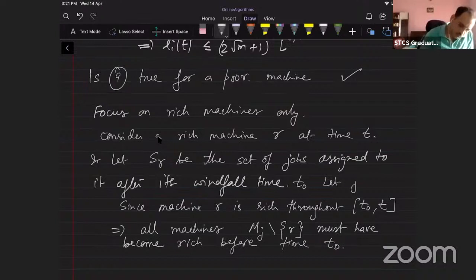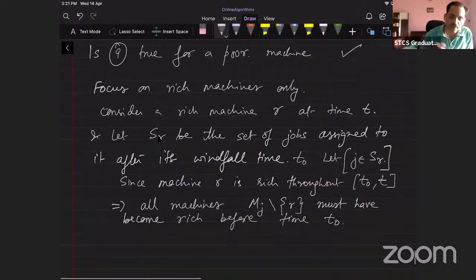Let J belong to SR. So what am I doing? I'm looking at a rich machine. I defined SR to be the set of jobs assigned to it after its windfall time. I'm going to look at any one particular such job, which is J, which belongs to SR. Now this machine R is rich throughout the time T0 to t. And given the fact that J has been assigned to rich machine R, it must be that all other places where J could be assigned, which is MJ other than R, must have become rich before time T0, from my definition of the algorithm.